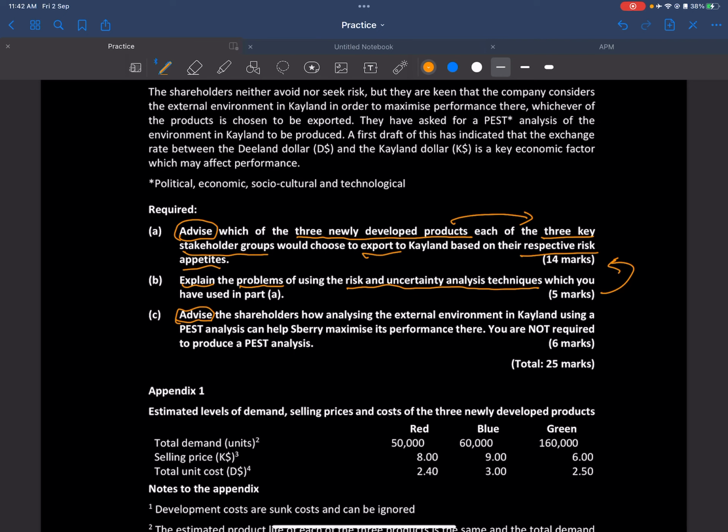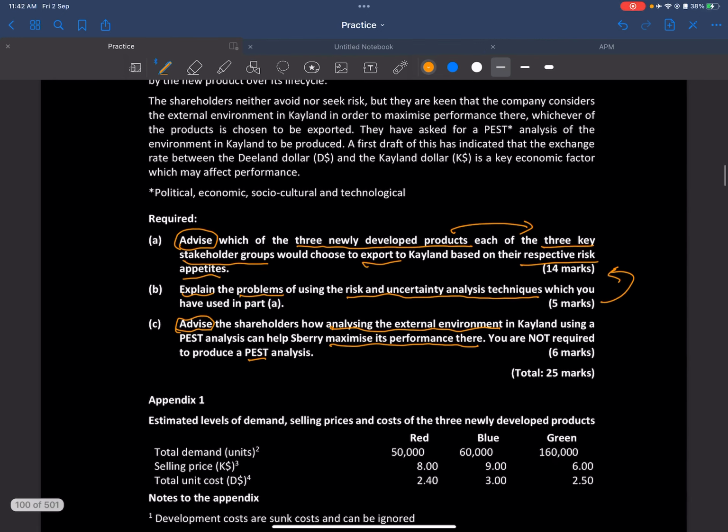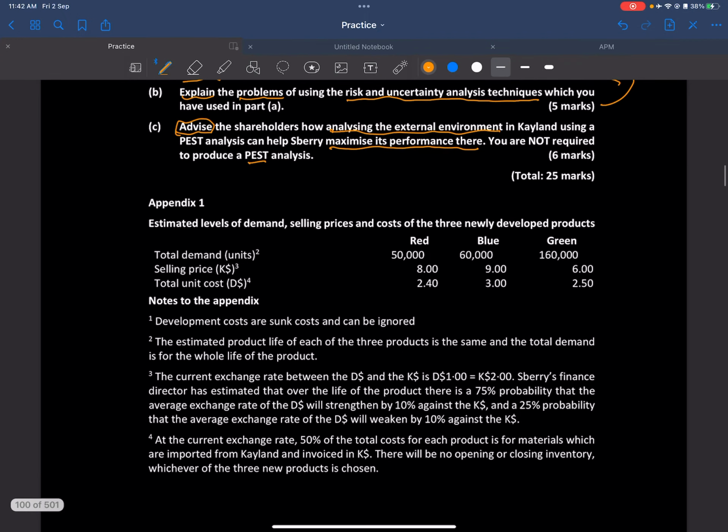You are not required to produce a PEST analysis. So we just need to explain how a PEST analysis of the external environment in K-land can help maximize its performance there. Okay, we could do that.